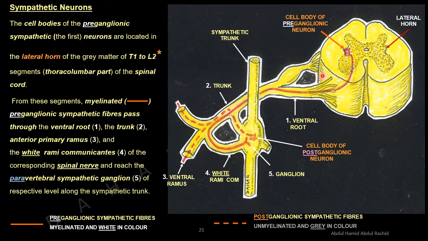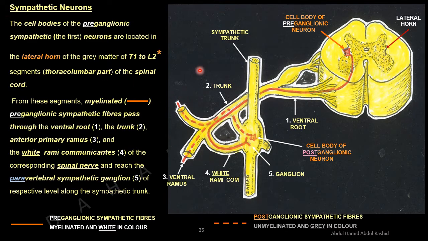The first order neuron is before its synapse in the ganglia, so it is also called preganglionic sympathetic neurons and fibers, which are myelinated and white in color. After the synapse, the second order neuron is the postganglionic neuron, which is unmyelinated and gray in color. In the diagram, preganglionic sympathetic fibers are a continuous line, and postganglionic sympathetic fibers are an interrupted line.